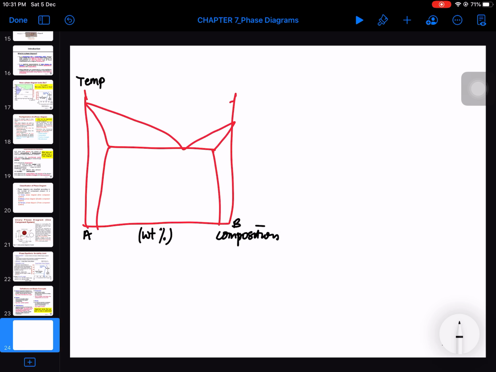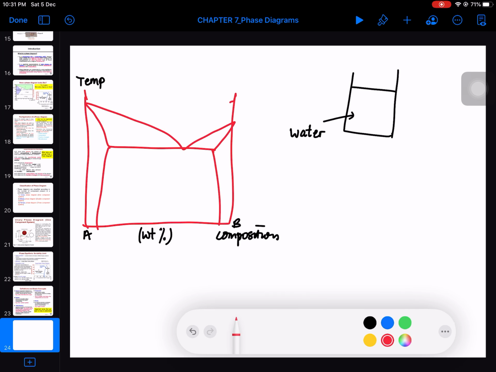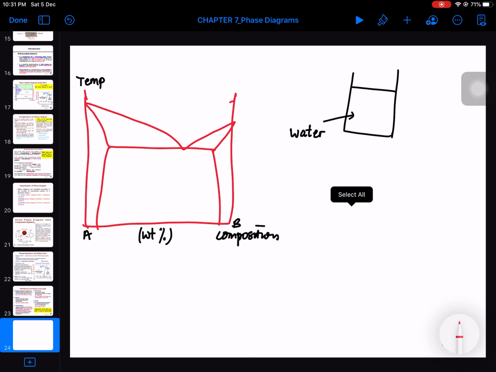So let's say we have a beaker here, which is filled up with water. In this case, we can say that the water is the solvent, because it's the host.